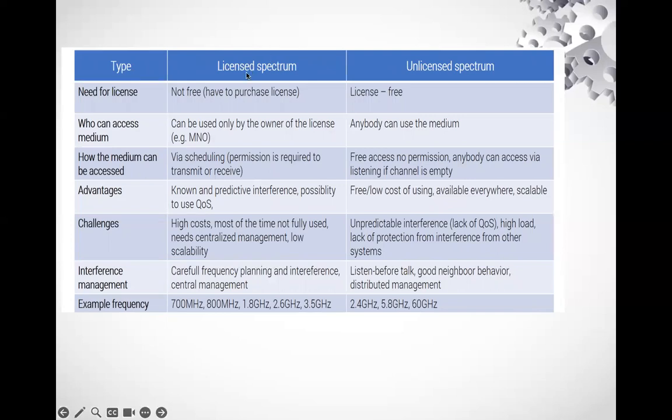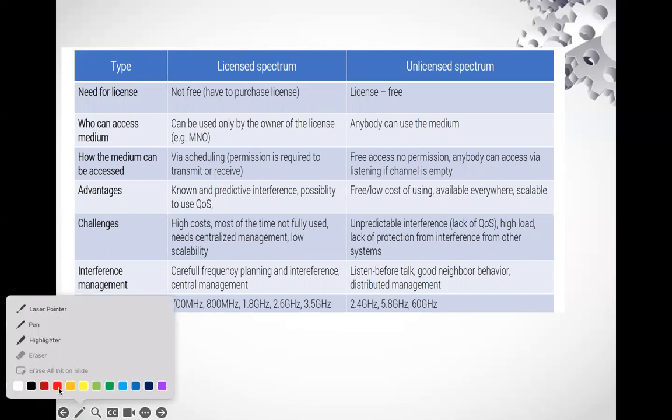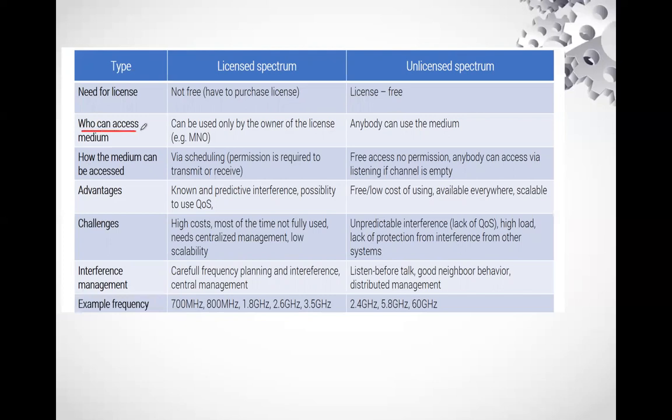And if we are purchasing a frequency, only the person who is purchasing that frequency can use it. Hence, if we consider the type of access in case of licensed spectrum, only the owner can use that spectrum. Nobody else can use that particular frequency spectrum. Whereas in case of unlicensed, since the set of frequencies are free, anybody can use that medium.